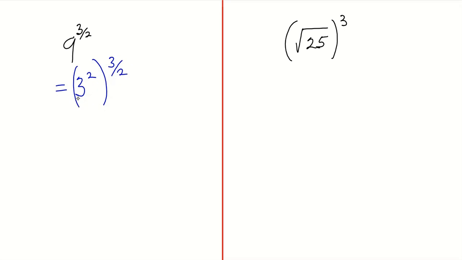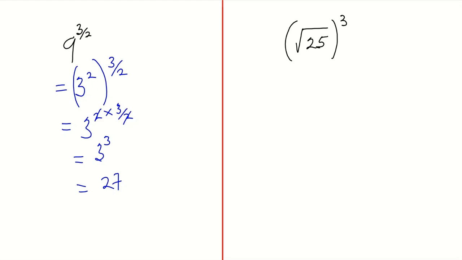At this point, we can maintain the base and multiply the exponents, so we have 3 exponent 2 times 3 out of 2. We can see that the 2s cancel, and we are left with 3 exponent 3. 3 times 3 times 3 gives us 27. This is the answer for 9 exponent 3 out of 2.